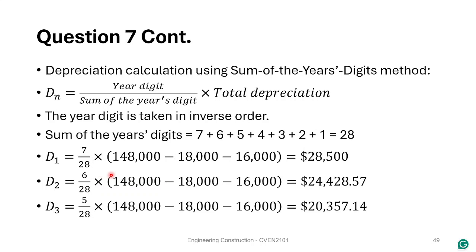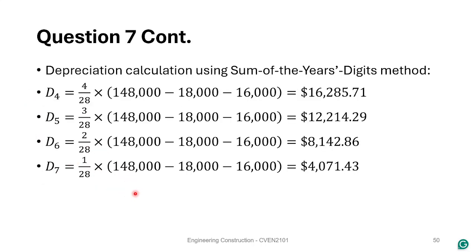Please don't confuse it with something else. The best way of looking at it is that you want to take the most depreciation at the beginning of the ownership, right? So it doesn't make sense if your top number over here is 1. You do it, and then you get up to the 7.